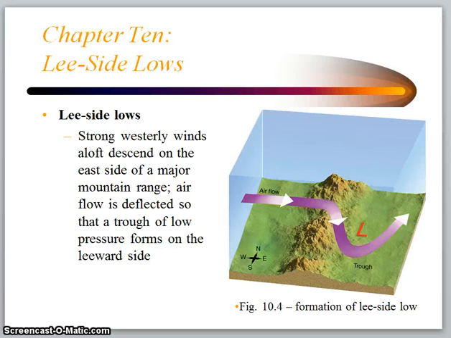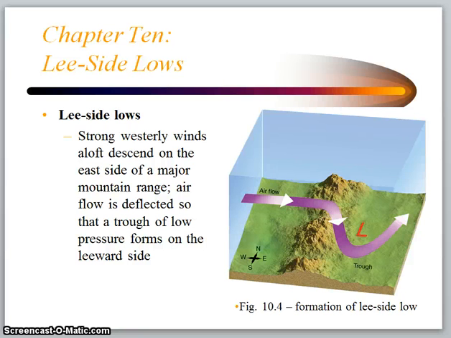Whenever you have a very strong flow of air in the upper levels of the atmosphere, which goes perpendicular to a major mountain range, and that air descends on the leeward side of that mountain range, like the Sierra Nevada or the Rocky Mountains, then all of a sudden, when that air descends to a lower elevation, you have a lot of space above where that air used to move.